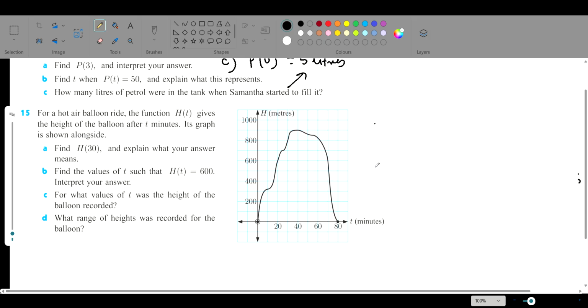Its graph is shown alongside. So this is the path of how high the balloon goes in the sky, and then it's coming to the ground. Obviously, it will not go in the sky forever. There is gravity, and there are certain questions related to that we can answer.